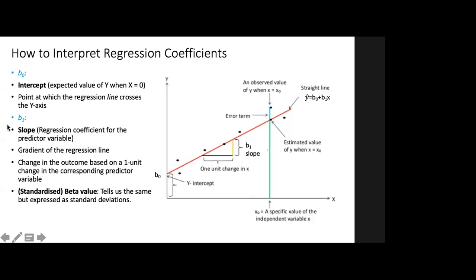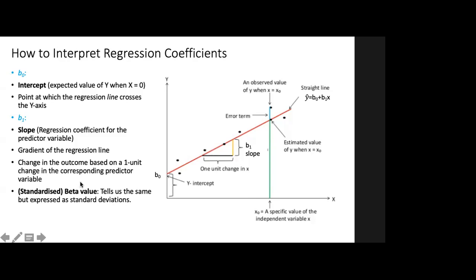It's actually a bit confusing because regression coefficients are typically denoted by the letter B. If they are denoted by beta, a Greek letter, then sometimes, but that is not always the case, that means that they are standardized beta, so standardized regression coefficients.